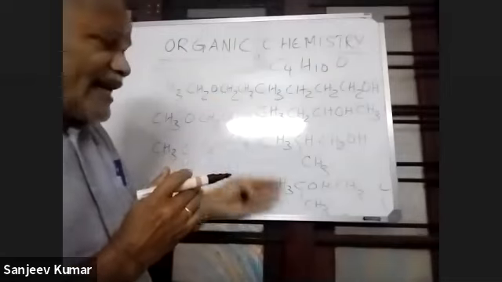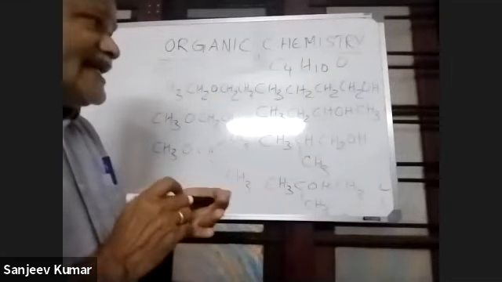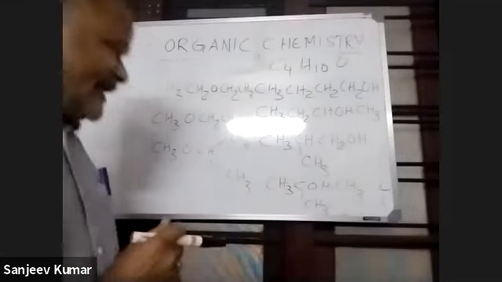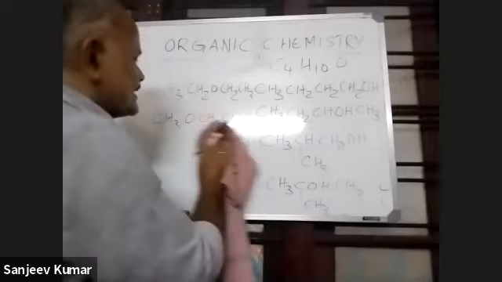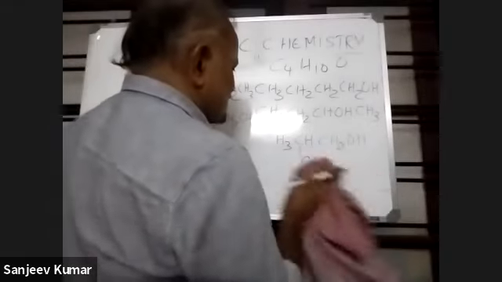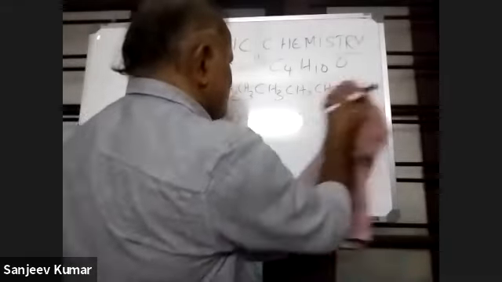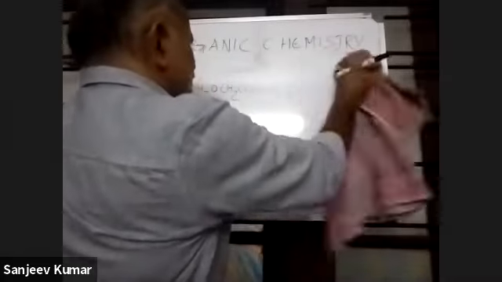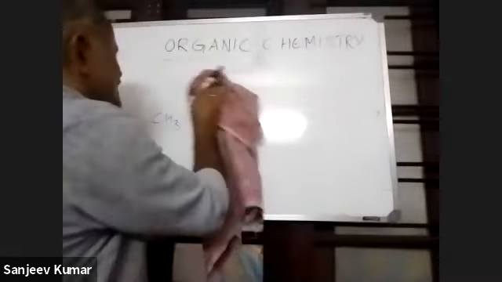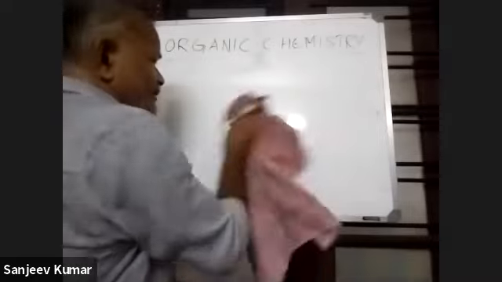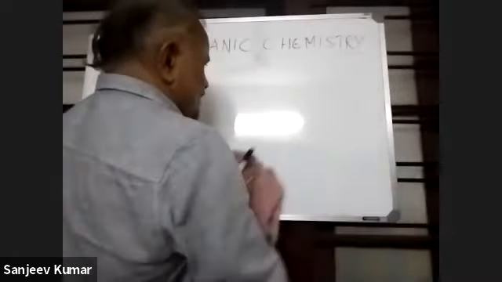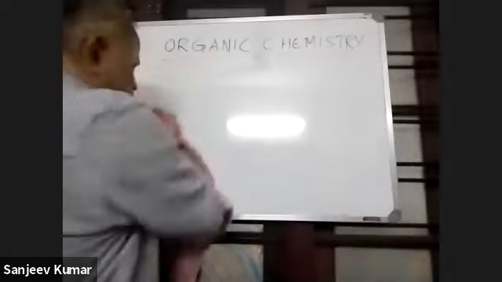They are called isomers. And these are structural isomers because their structural formulas are different while they have the same molecular formula. But they can also exhibit other types of isomerism, geometrical isomerism and optical isomerism.